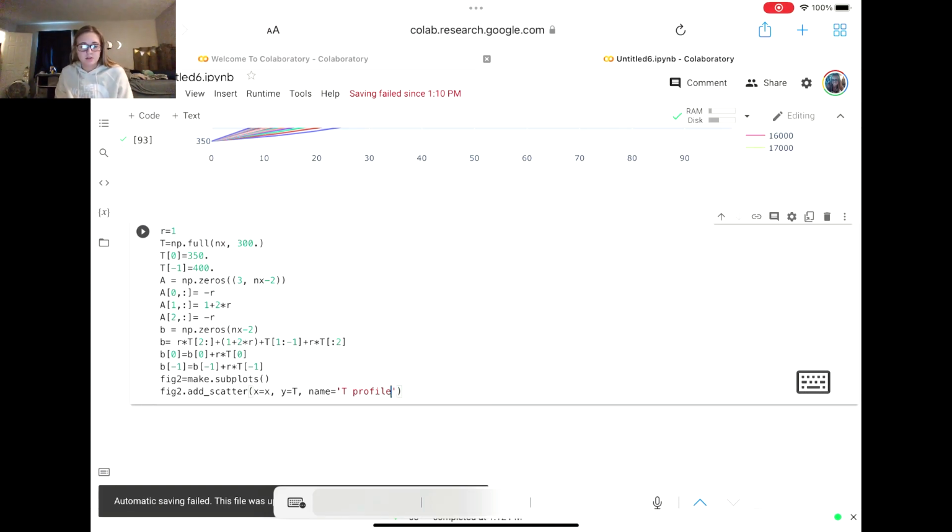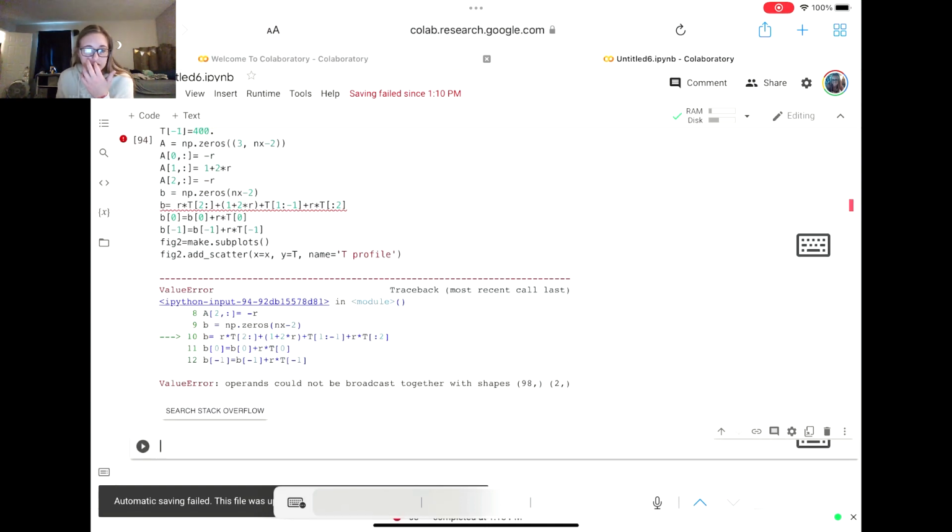So from here, this should be a multiplication sign. Okay, let's see if that fixed it up. No. R times t to -2, or 2 colon, plus 1 plus minus 2r times the t in that.